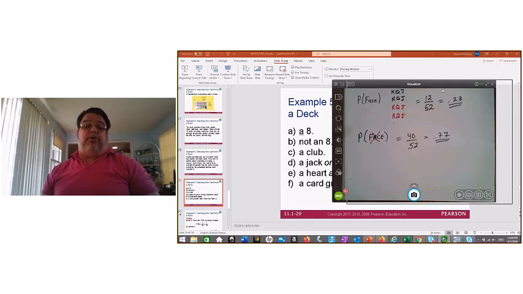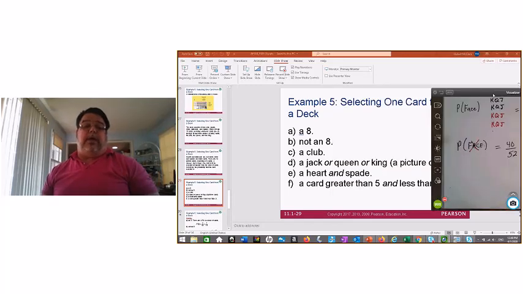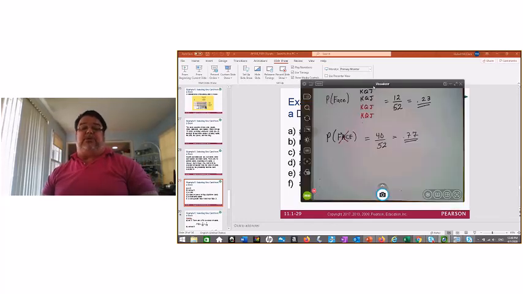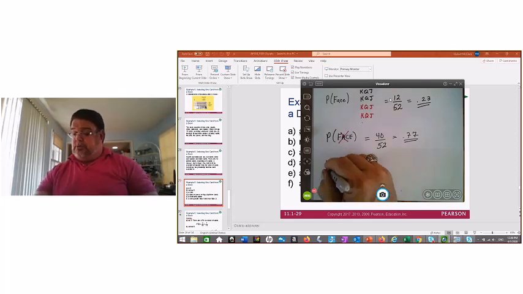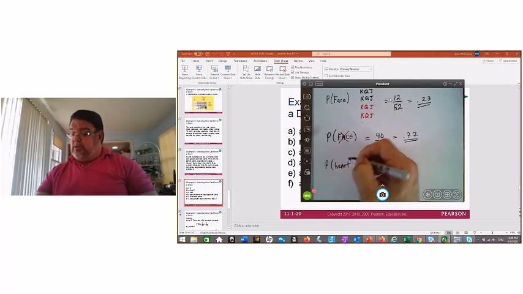A heart and a spade. Well, that would be 0. Now somebody tell me why it would be 0. Probability of a heart and a spade.